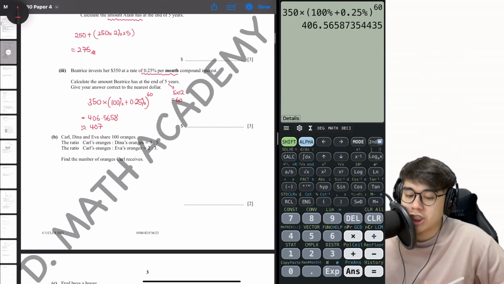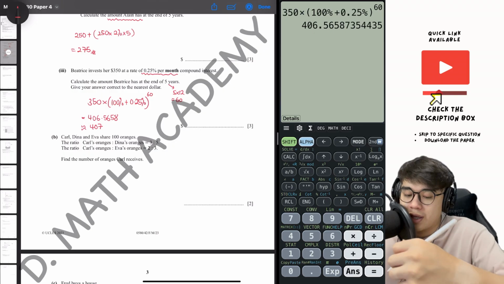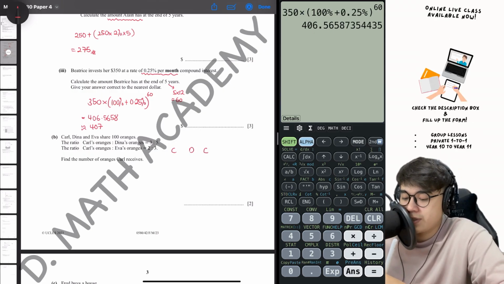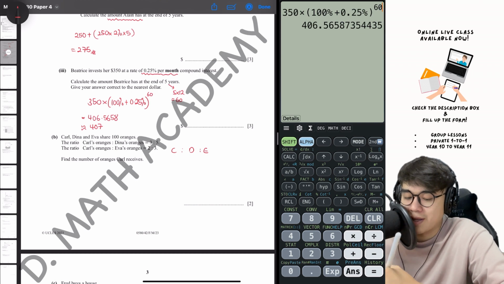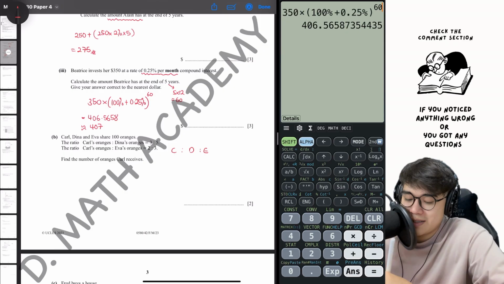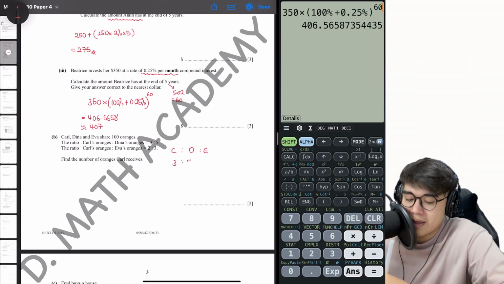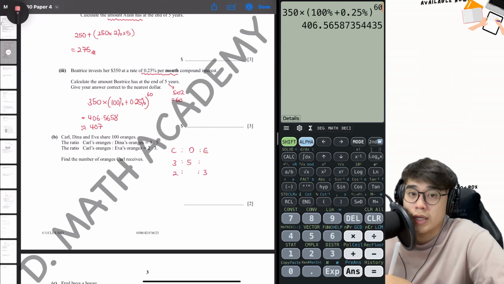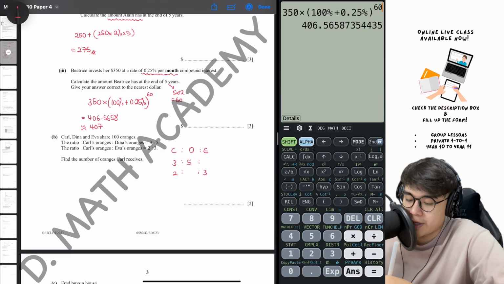Moving on to the next section, there's Carl, Dina, and Eva. So write C, D, E first. Okay, I think they randomly made up the names here. Carl and Dina have 3 to 5. Carl and Eva have 2 to 3. Okay, so for this part here, you have to make the number the same now.